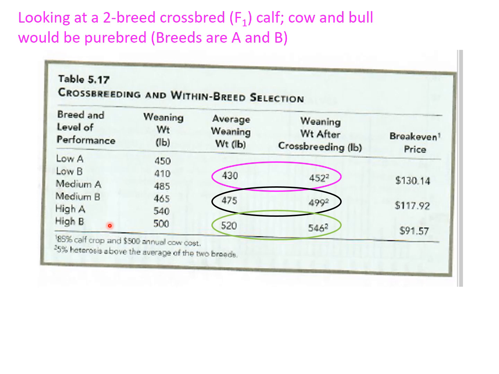So what this is saying is, if you use really good bulls on your really good purebred cows, your break-even price is going to be lower than if you picked sorry bulls of breed A and your cows were pretty sorry of breed B. Your break even is going to be $1.30. Okay. So what is their calf crop? 85%. What's their annual cow cost?